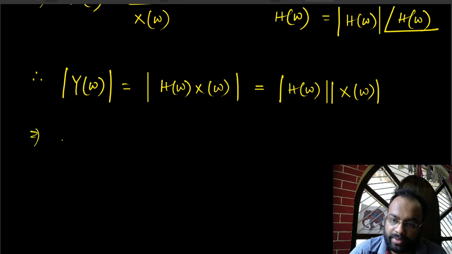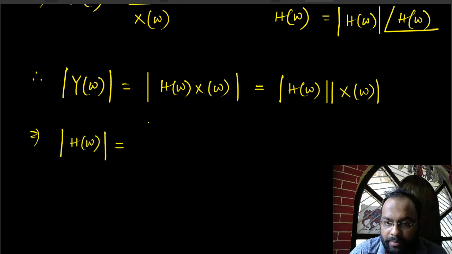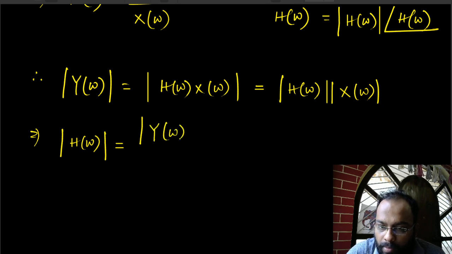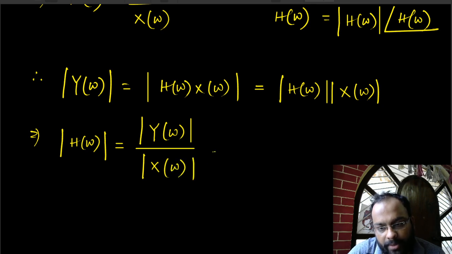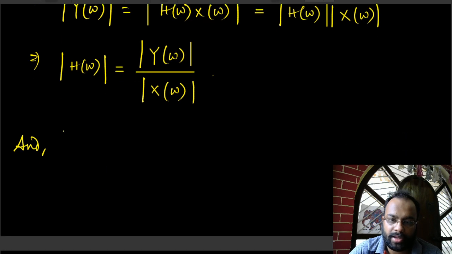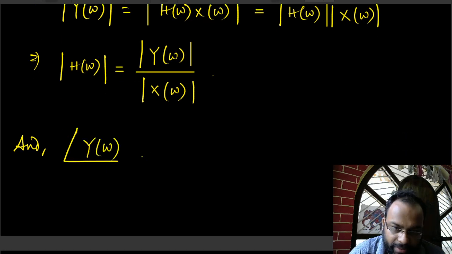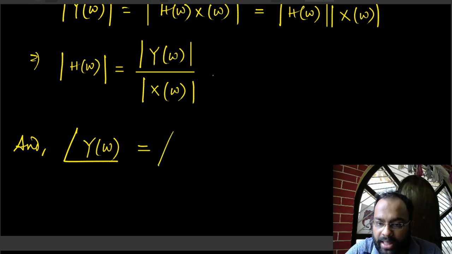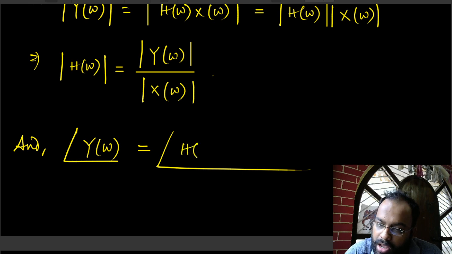So I can say the mod of H(ω) is nothing but the ratio of the mod of Y(ω) and the mod of X(ω). And similarly, the angle of Y(ω), which is a complex number again, is going to be the angle of H(ω)X(ω).